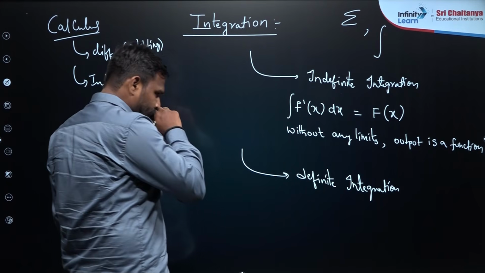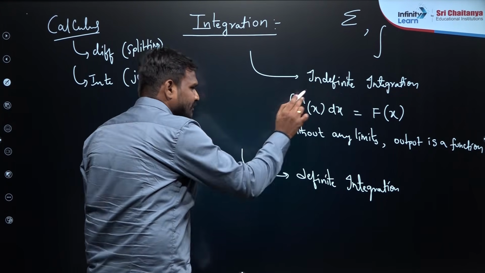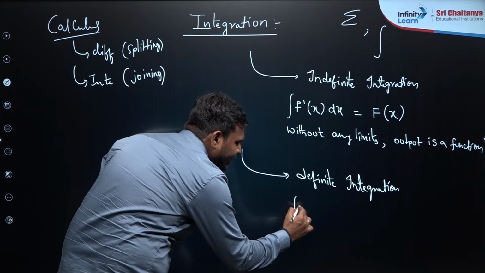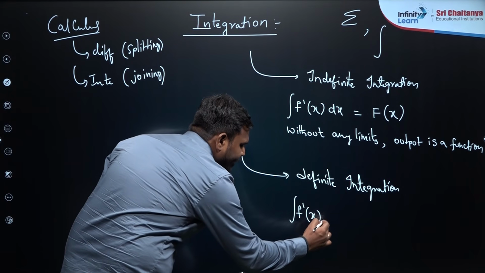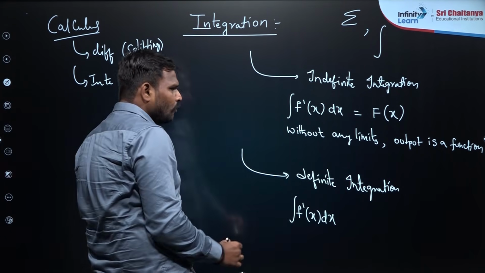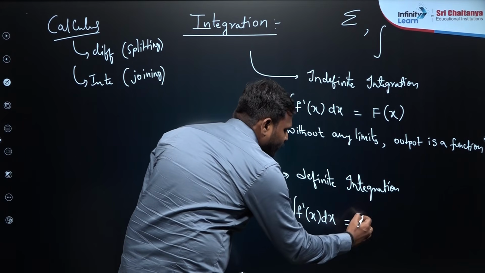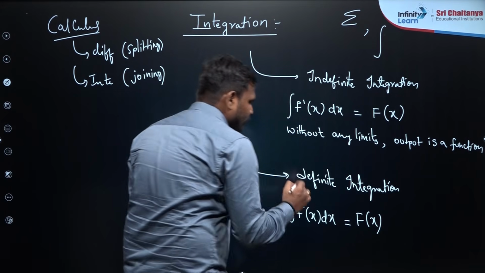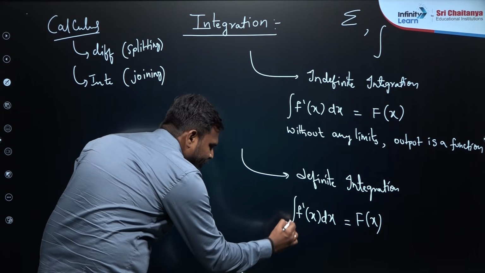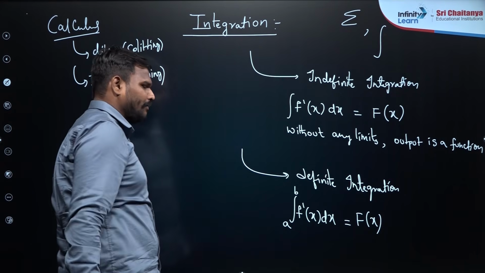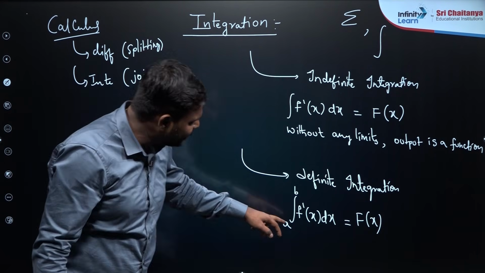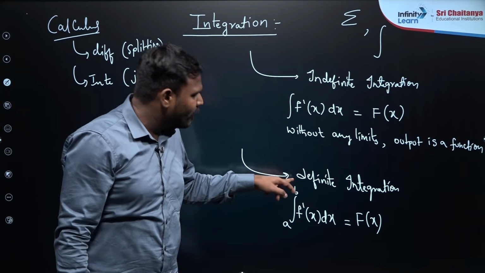And definite integration is similar to indefinite integration. How do we write it on paper? Okay, so it is equal to f of x, but there will be a lower limit as well as an upper limit. You have to integrate this value from a to b.